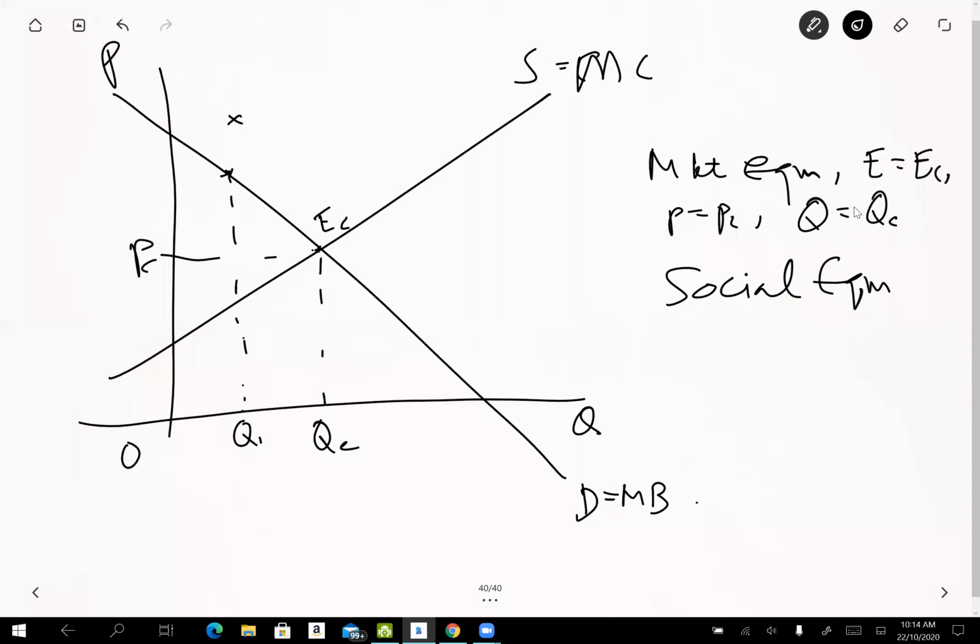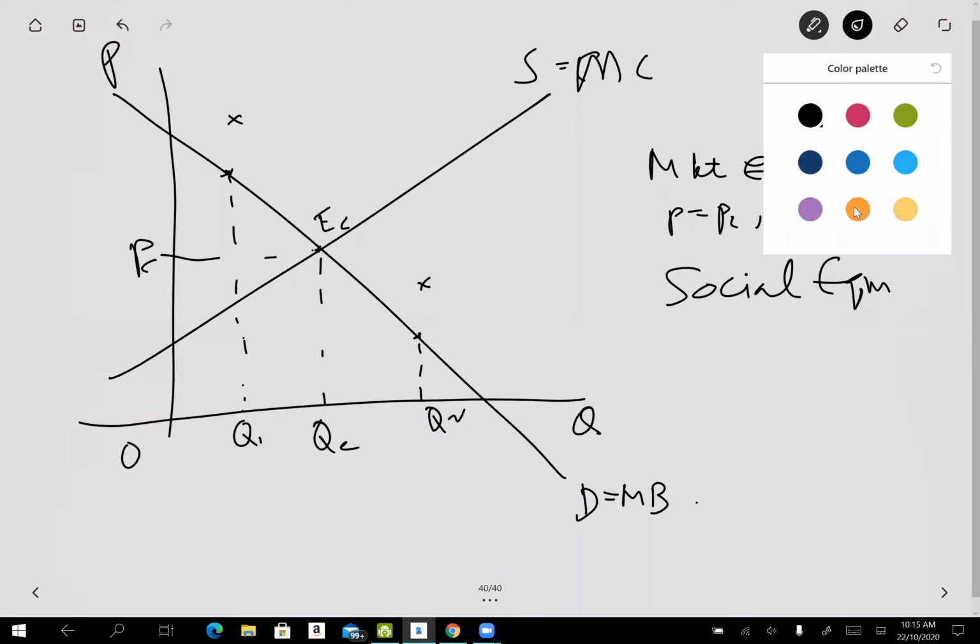Similarly, if I take another point, say Q2 here, the marginal personal benefit will be there, but the society values it more because of the externality. You get the marginal social benefit there. So the marginal social benefit function would be above the personal benefit function.